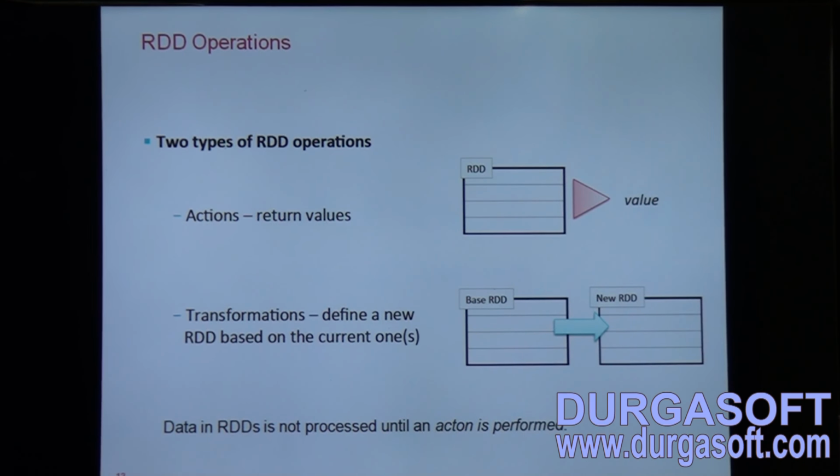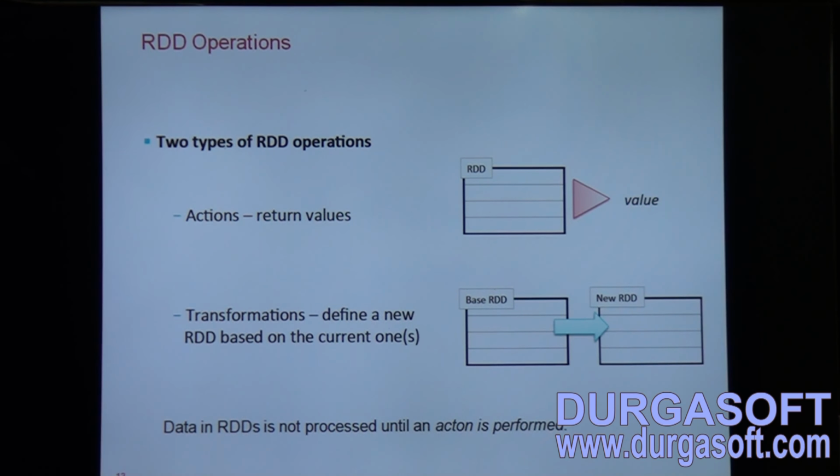So, RDD operations: what are all the basic operations we are going to perform with respect to the RDD? One is action, another one is transformation. Action is nothing but getting a result out of an RDD. Transformation is nothing but creating a new RDD using an existing RDD.